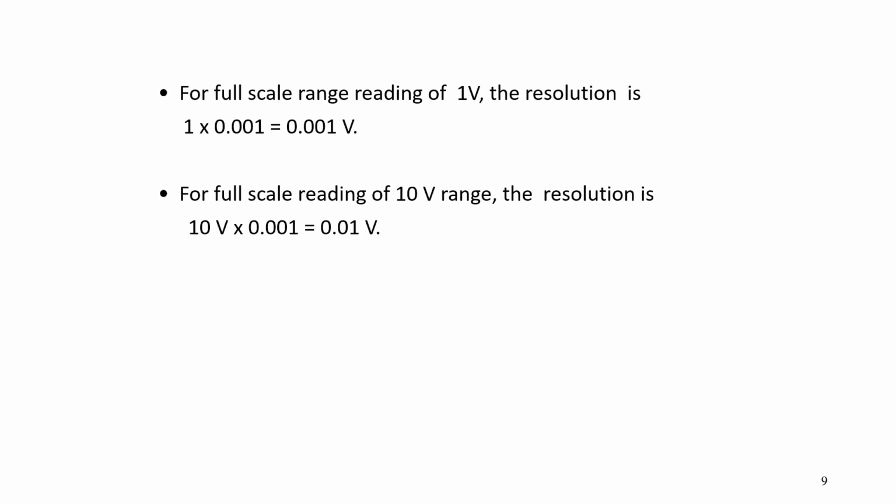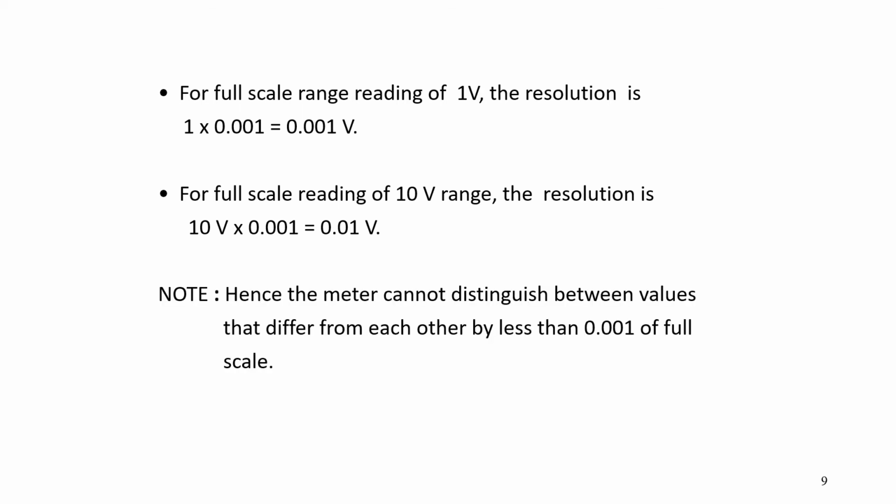For a full scale reading of 1 volt, the resolution is 1 into 0.001, which is 0.001 volt. For a full scale reading of the 10 volt range, the resolution is 10 volts into 0.001, which is equal to 0.01 volt. Hence, the meter cannot distinguish between values that differ from each other by less than 0.001 of full scale.